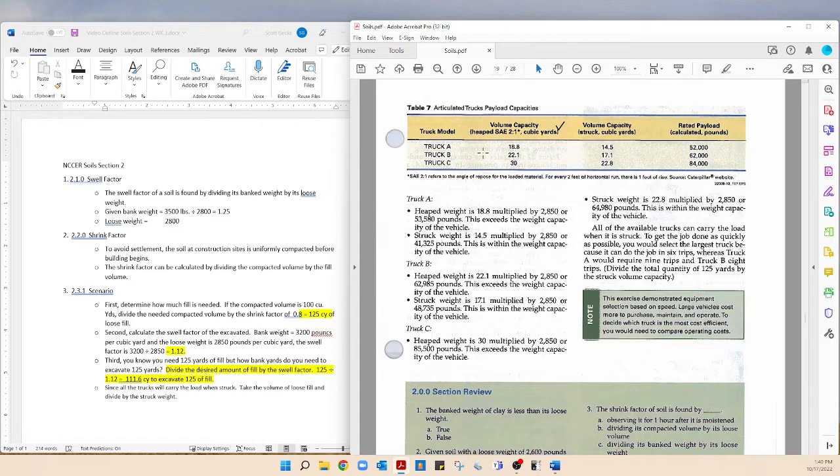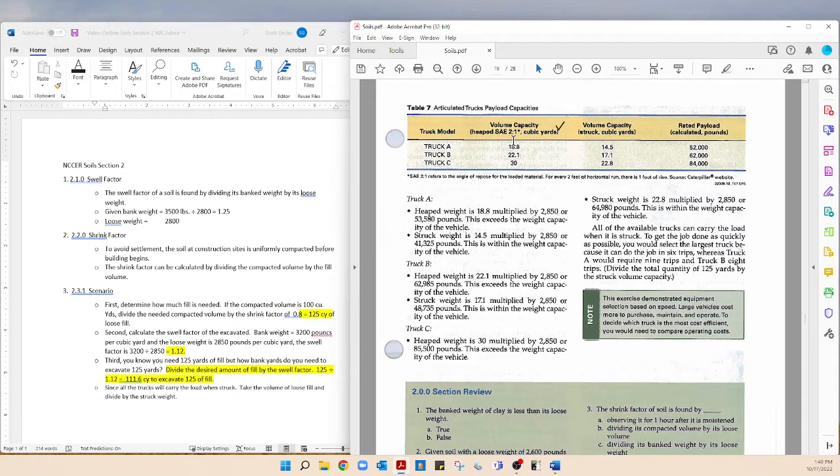In other words, that's just piling it in there, assuming that it will fall into the bed of the truck at the angle of repose, which is 2 to 1. That'll be the slope on each side of the pile once it's thrown in that truck.